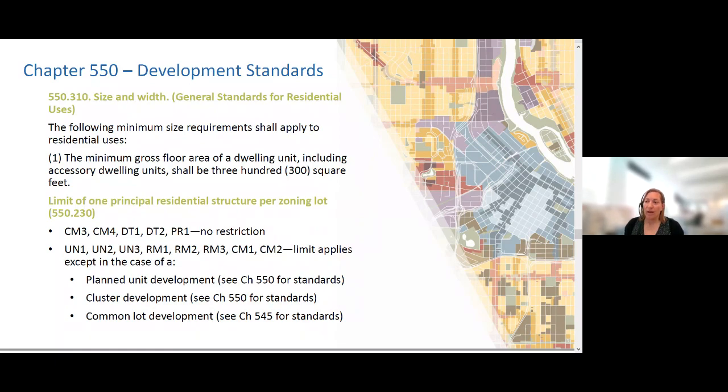The limit does still apply in the urban neighborhood, residential mixed use, CM1 and CM2 districts, except in the case of a planned unit development, a cluster development, or a common lot development, which is a new use in the zoning code. We don't have time to go into detail about these three uses that allow for multiple principal structures, but we wanted to briefly describe common lot developments and give an example of what that proposed use might look like. Next slide, please.